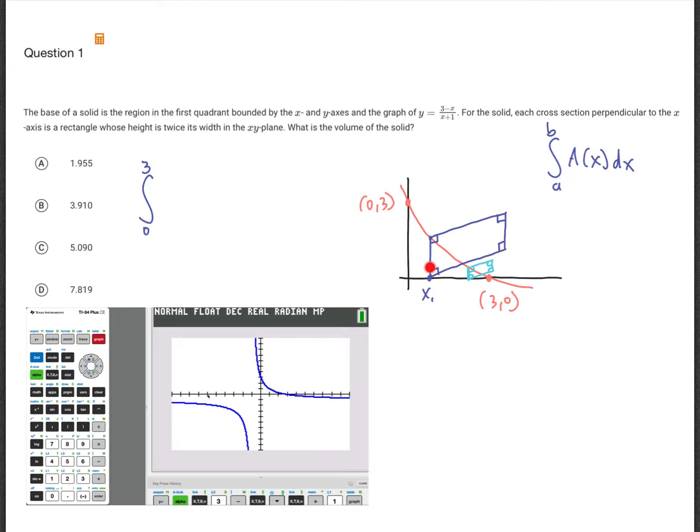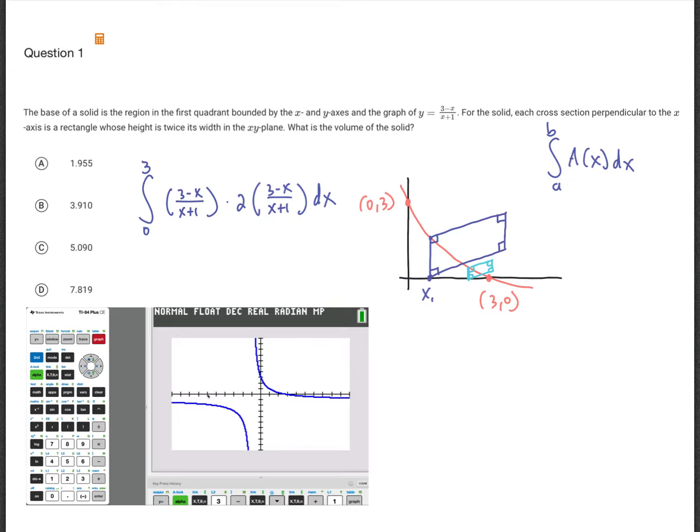Now this width is the value of the function. So that width is just (3 minus x) over (x plus 1). And then we're going to multiply that by the height. And the height is twice the width. So 2 times (3 minus x) over (x plus 1).